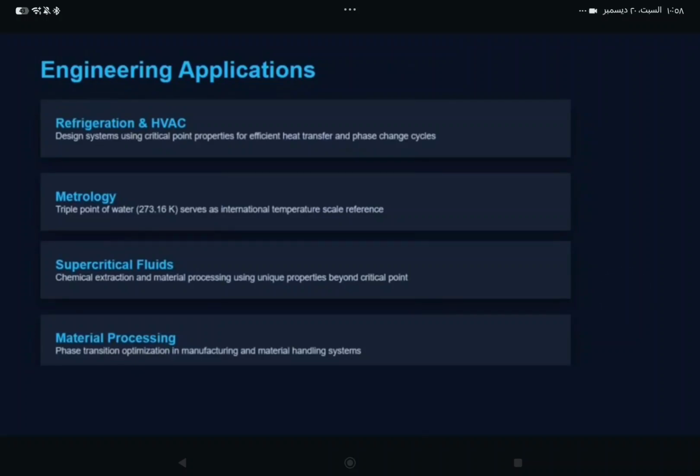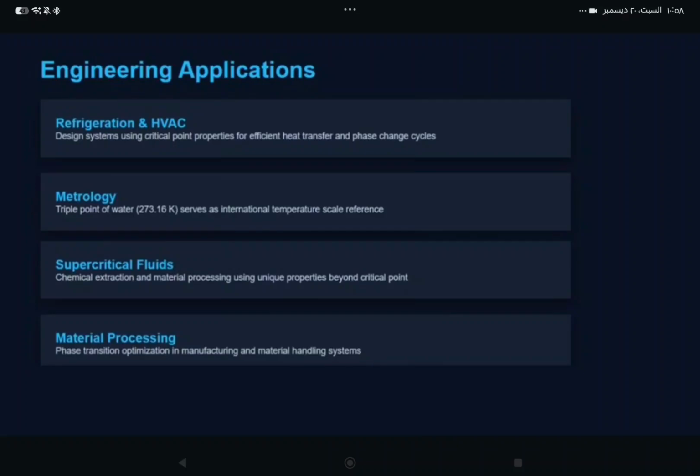Now we have the engineering applications. We use the critical point and triple point in refrigeration and HVAC. Engineers design systems using critical point properties for efficient heat transfer and phase change cycles.